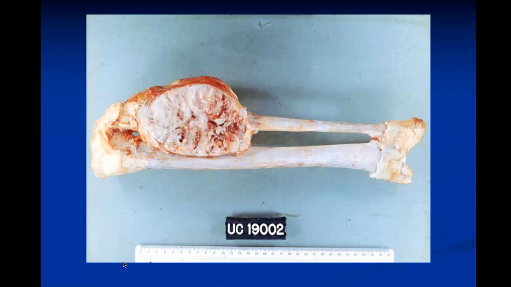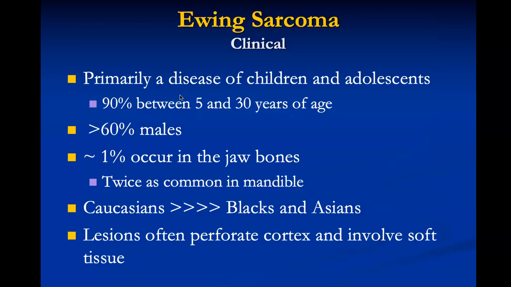This is an example. It was from the arm, and you can see the tumor; I don't think anybody would miss it. It's primarily a disease of children and adolescents, so most of the cases are between 5 and 30 years of age. Much more common in males, so 60% in males, and only a small percentage affects the jaw bones, and when that happens, it's more common to be in the mandible.